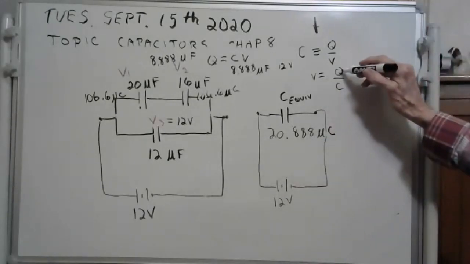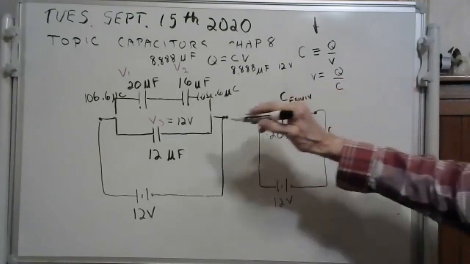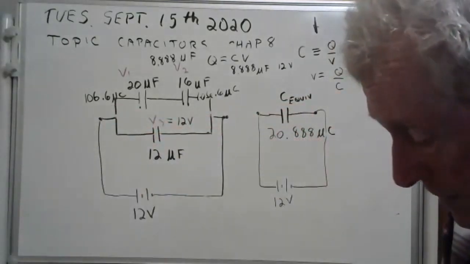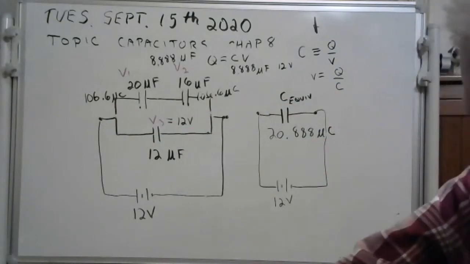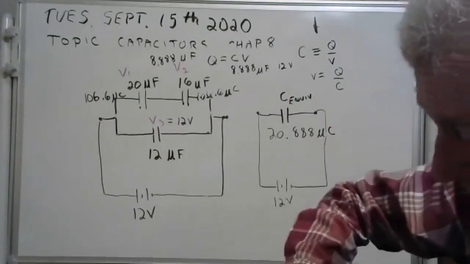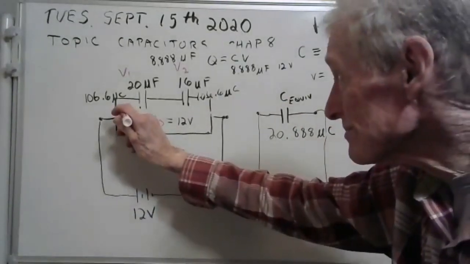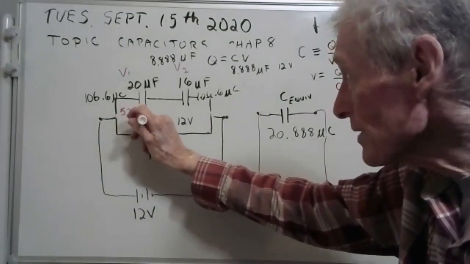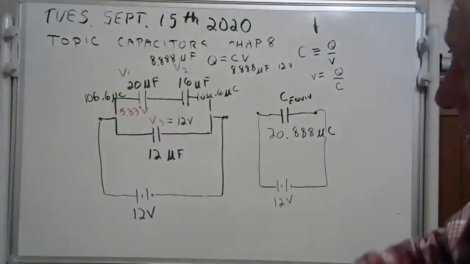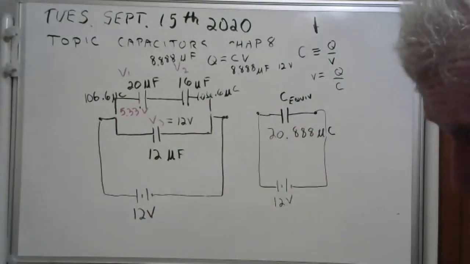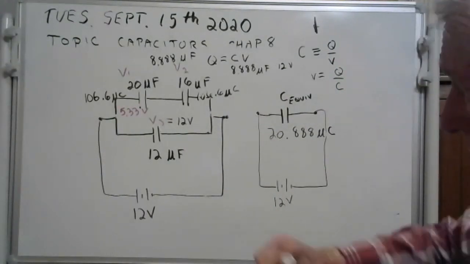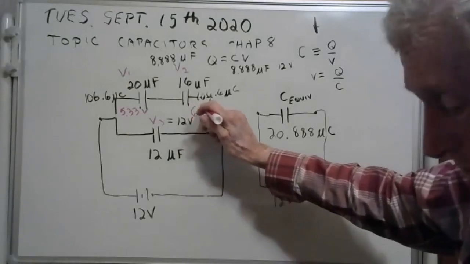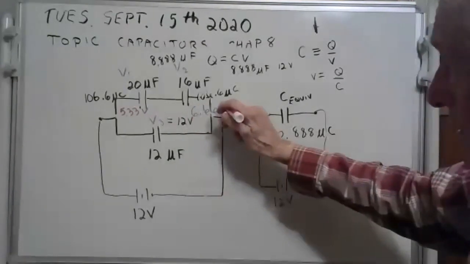See, the voltage is the charge divided by the capacitance. So take 106 and divide it by 20, and I'm getting 5.33 volts. Now take the charge, 106.6, and divide it by your 16 microfarads, and I'm getting 6 point, a bunch of sixes, volts.